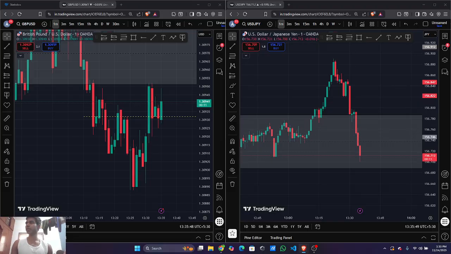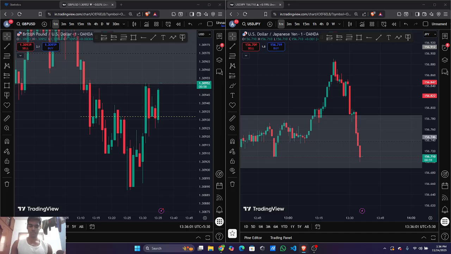My SL might be a little wrong. Otherwise, it's a good trade. I entered in the breakdown. The candle didn't close very strong. We will get stopped out in AUD.